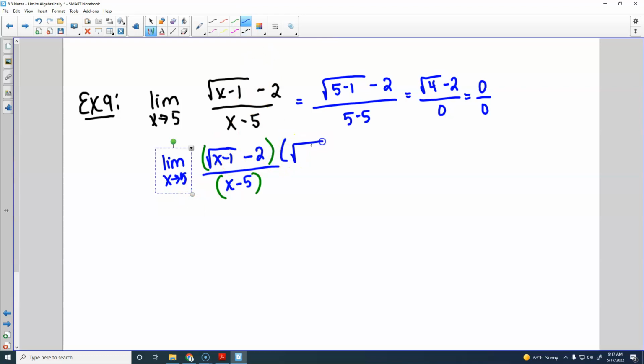Which is square root of x minus 1 plus 2. Don't change what's inside the square root. You only change this minus sign right here to a plus. So that sign right there is the only one that changes. Everything else about it stays the same. And then in the denominator, we would also multiply by square root of x minus 1 plus 2.